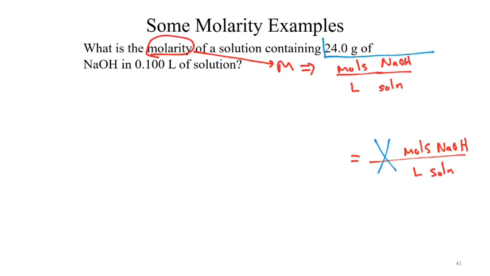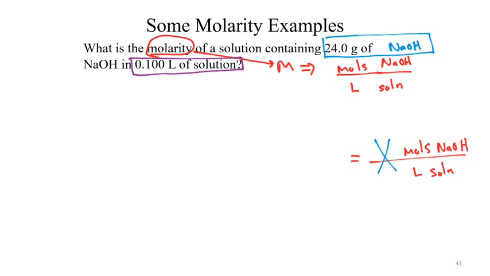I have 24.0 grams of sodium hydroxide, and I have 0.1 liters of solution. Let's see how far you can get. Again, I'm going to recommend a pause here. We've got all our basic pieces put out there. Let's see what you can come up with. Yep, please do it. That would be the space bar.